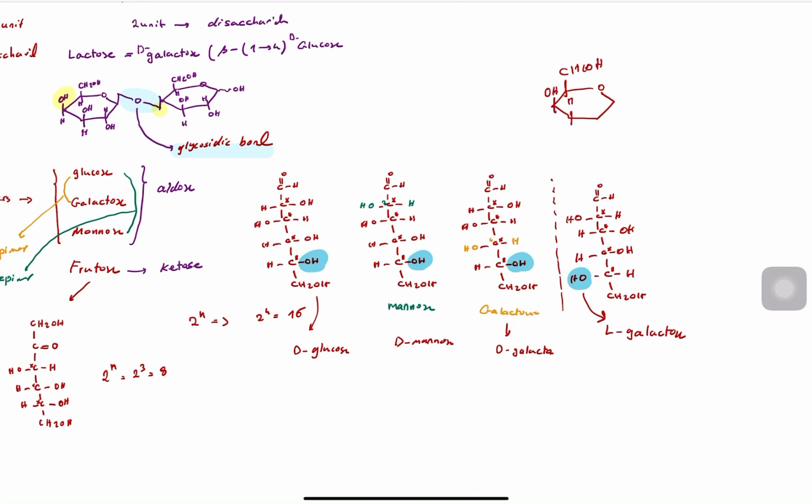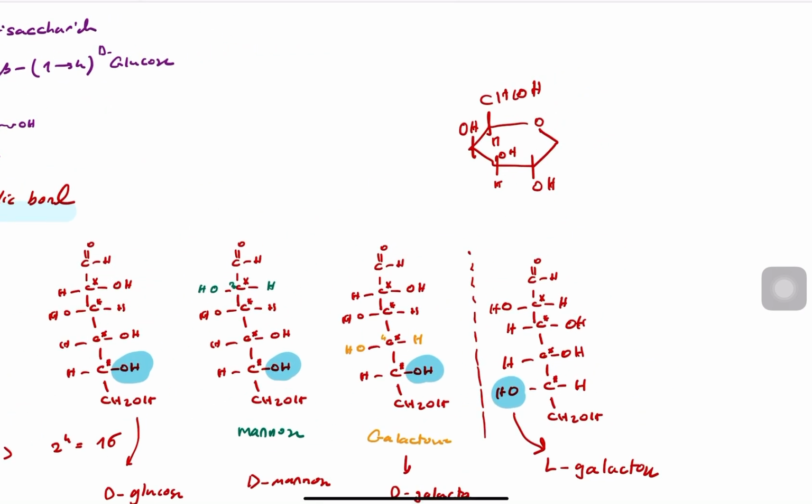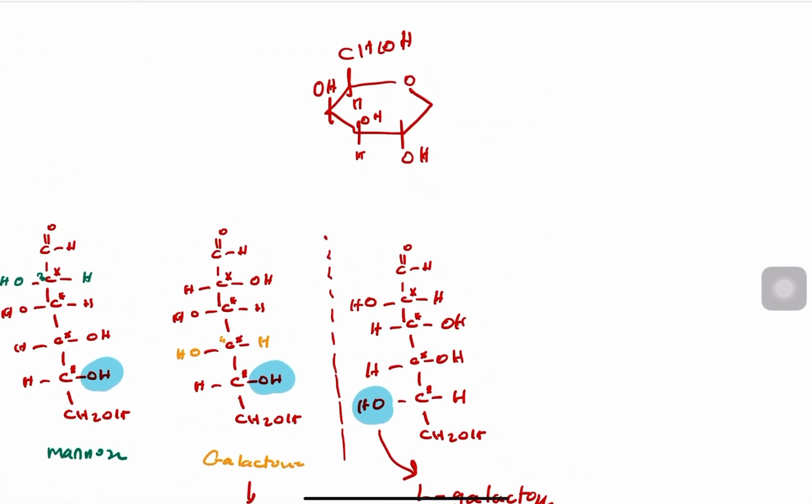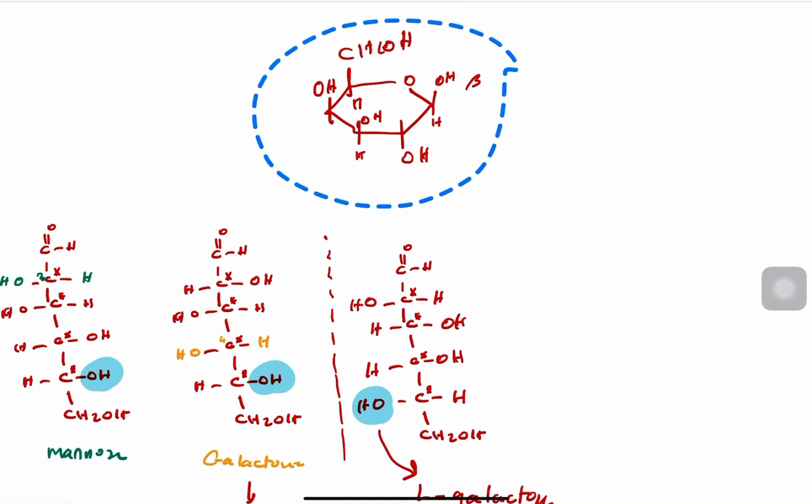OH, OH, OH. This molecule is the cyclic galactose. If you see here, it has a hemiacetal. In the carbon number 1 here in the cyclic, if OH is up, it is a beta. If OH is down, it will be alpha. Then if I draw like this structure, I copy it.